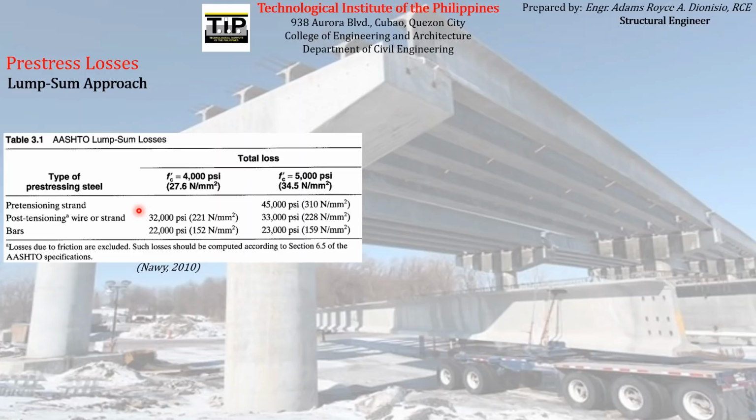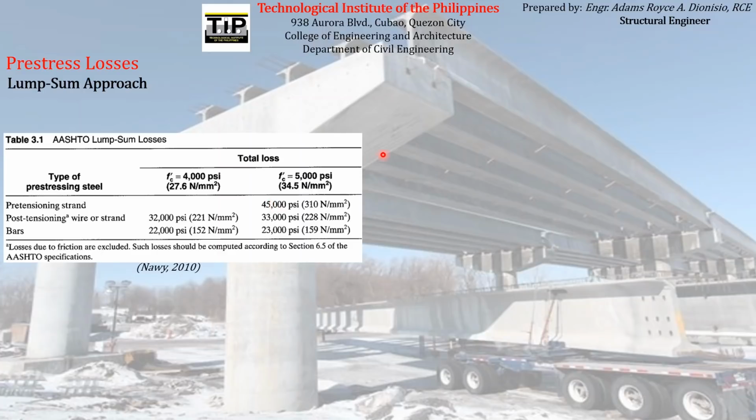Instead of that, the lump sum approach presents the prestress loss experienced by the prestressing reinforcement as a whole, or in terms of the total of the individual prestress losses that might be experienced by the prestressing reinforcement.